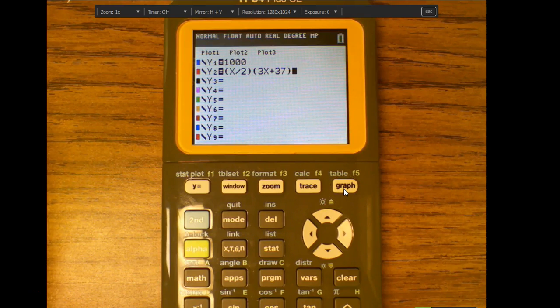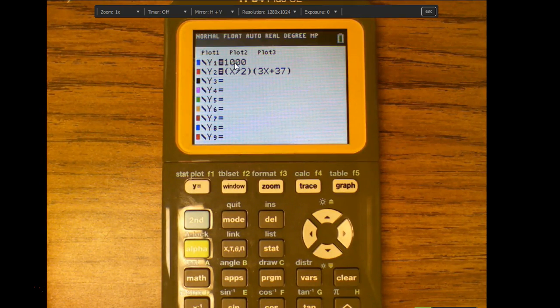The one thing that you're going to have to toy with a little bit is the window. Because this is a really big number, these guys are going to intersect somewhere pretty far outside of my normal window settings. If you think about a graph of y equals 1000, that's a horizontal line going through the y-axis at 1000. So my y maximum has to be at least 1000 in order to see this graph right here.